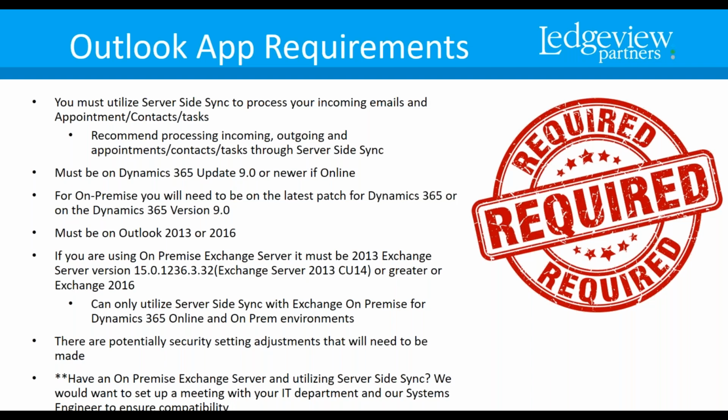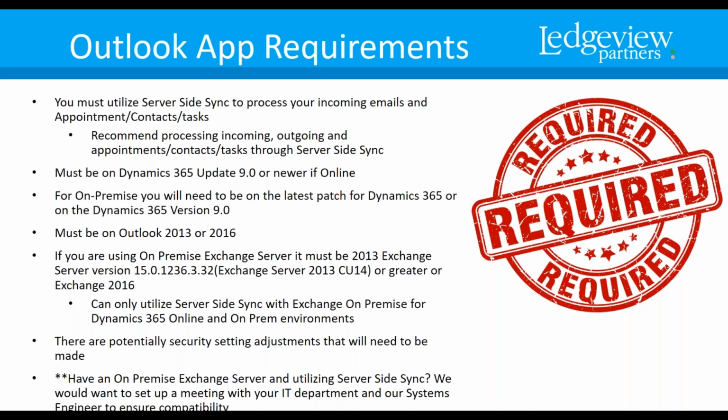That's because everybody is on 9.0 or newer if you're online. For on-premise, you'll need to be on the latest patch of Dynamics 365 or on Dynamics 365 version 9.0. What I'm going to be showing you today in the demo is for version 9.0. You have to be on Outlook 2013 or 2016 or newer.